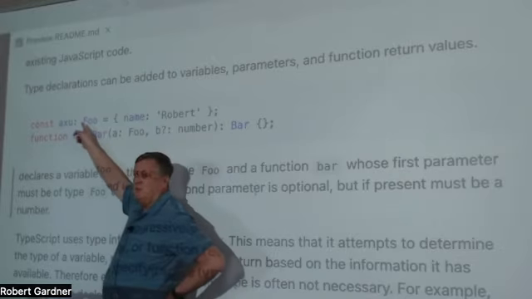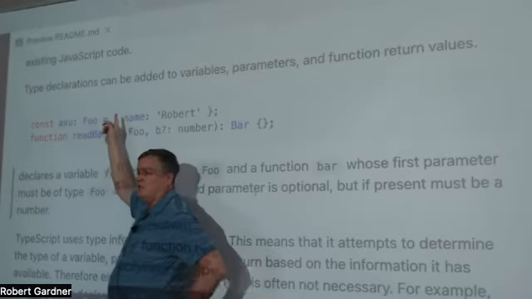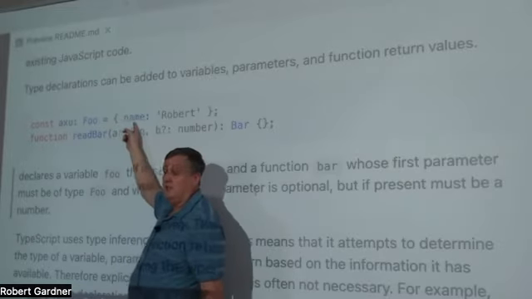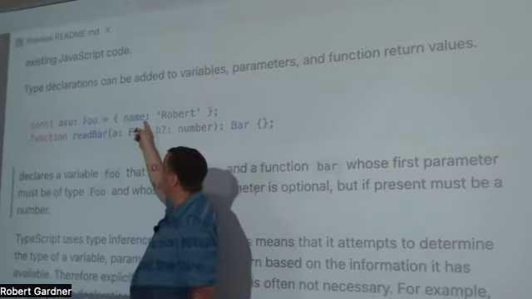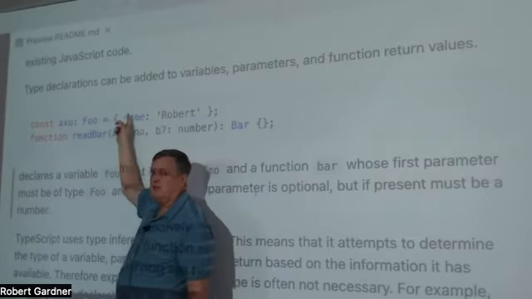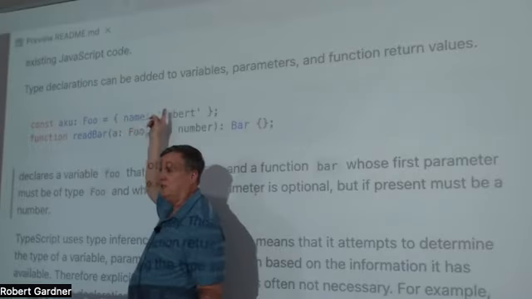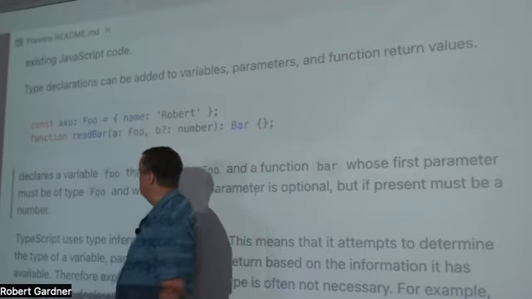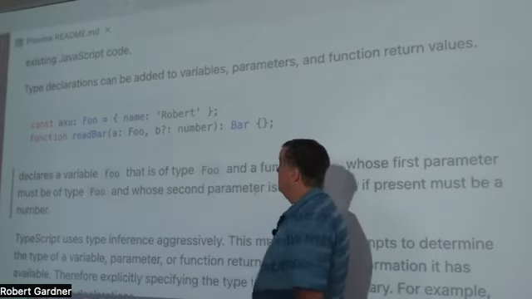It knows what type foo is supposed to be. It looks to say, does type foo have a name? Type foo is an object. Does it have a name field? Yes, so I can make this assignment. If the type foo does not have a name field in it, then this will give me an error because I'm trying to assign something that is not a foo into my variable. So that's how you use it on variables.